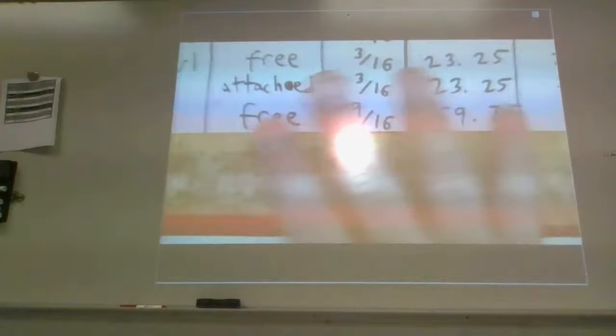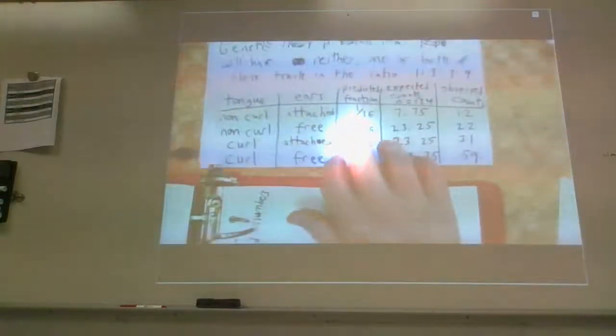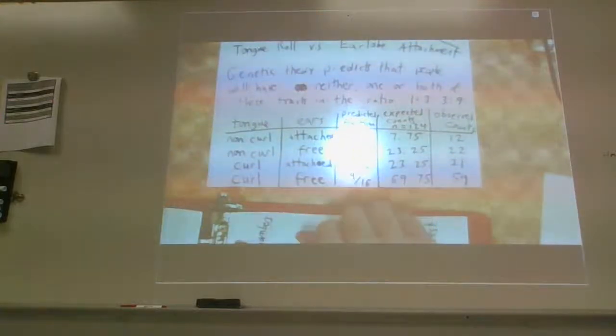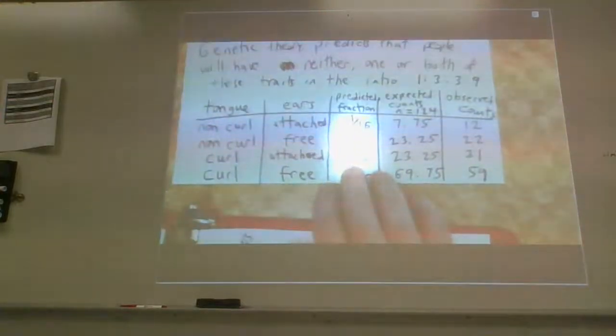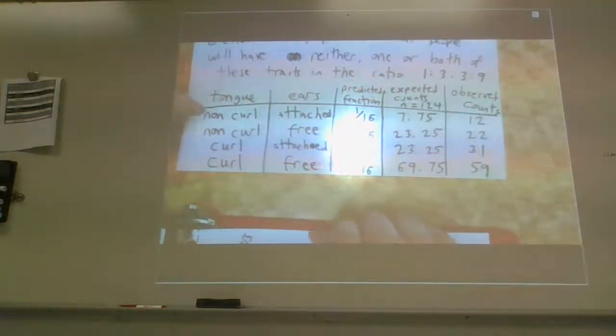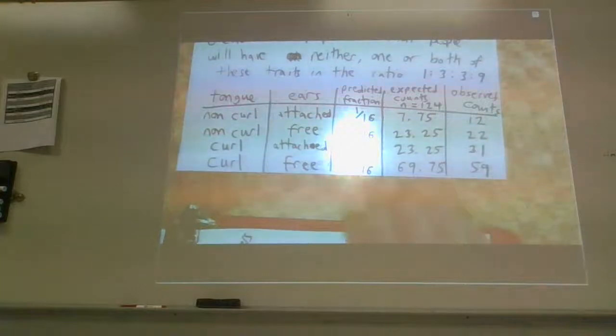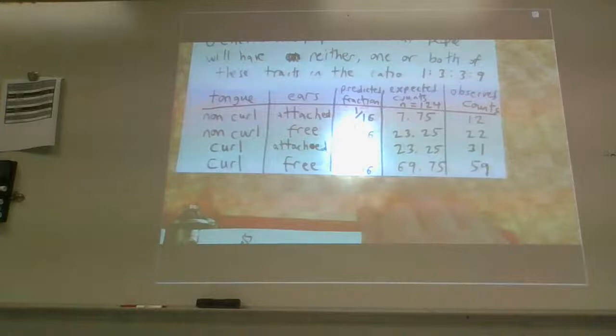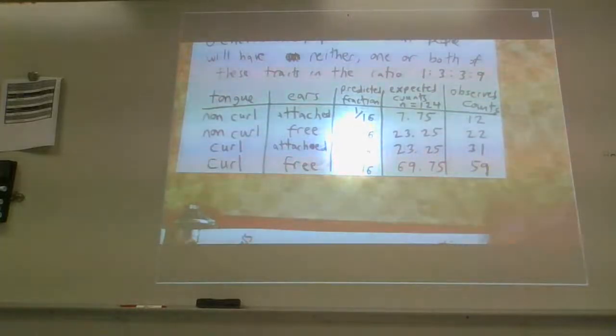But the idea, and these notes you already have, I'm just recapping what we did last time so that I can introduce what we're doing this time with it. I introduced this idea of the ratio of 1 to 3 to 3 to 9. Basically, of these 4 particular categories, whether or not you can curl your tongue, whether or not your ears are attached or free, they typically occur in the ratio of 1 to 3 to 3 to 9 in any general population, or that's the genetic theory.